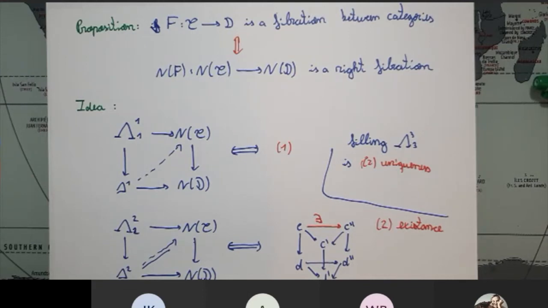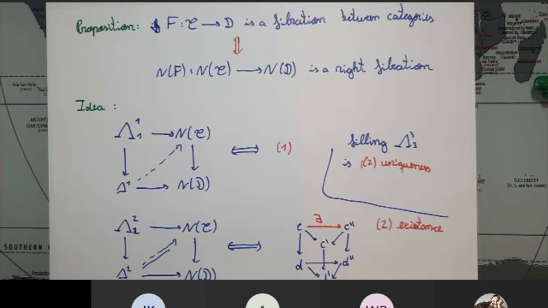Can I ask? Yes, please. Alex, you introduced three or four kinds of fibrations in simplicial sets. Left and right fibrations are classified by functors into groupoids.